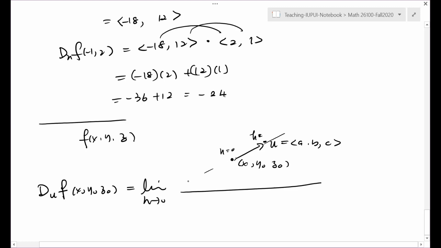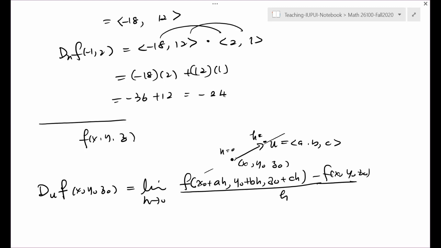So the value of the function will be at x naught plus ah, y naught plus bh, z naught plus ch. So we look at the difference and divide by h. That's the definition of the directional derivative.